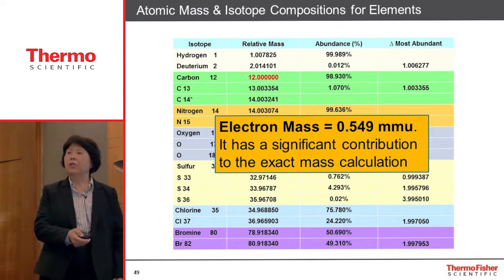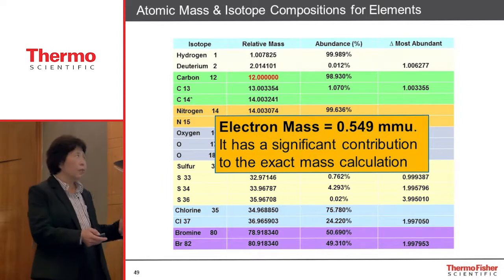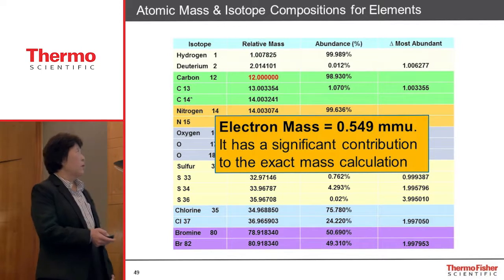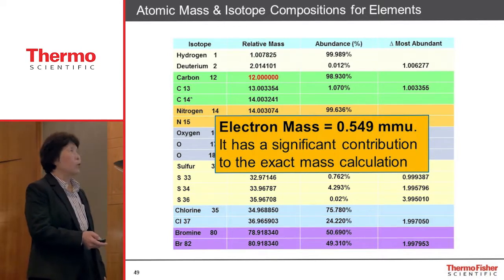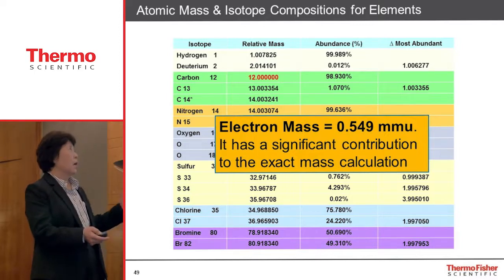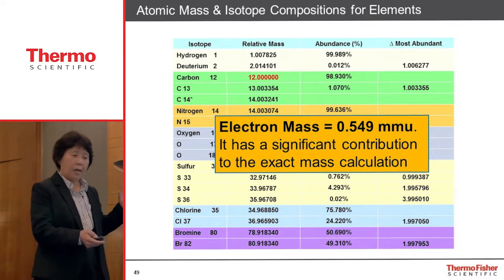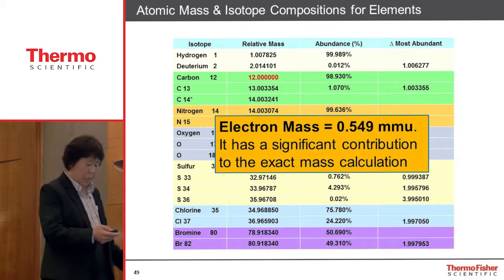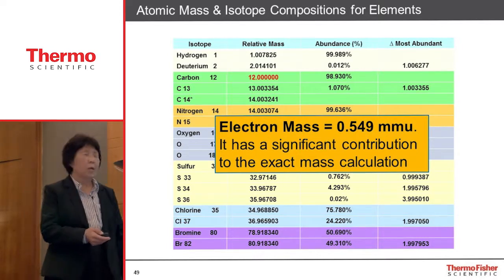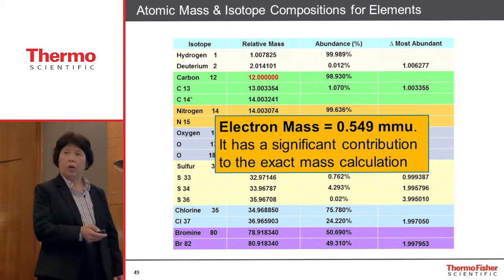I know a lot of you here are experts, but we just try to review some of the basics. As we all know, except for carbon-12, all the elements have atomic weights that are not integers, right? More than half of the elements on the periodic table have stable isotopes.